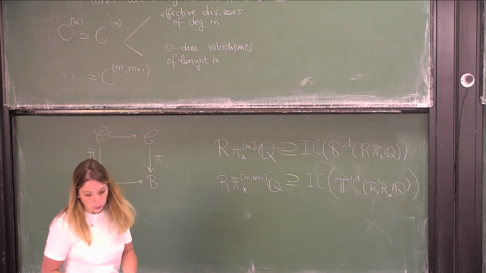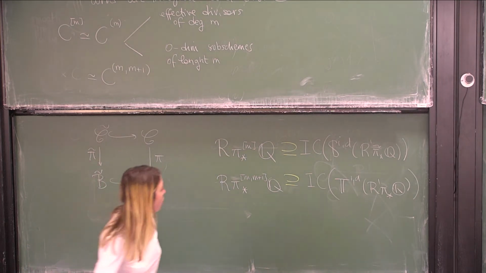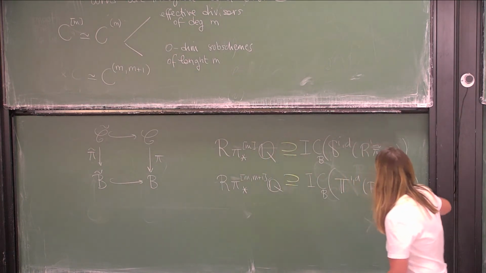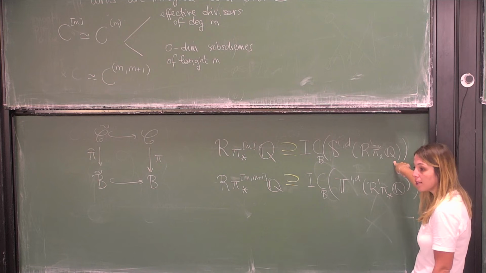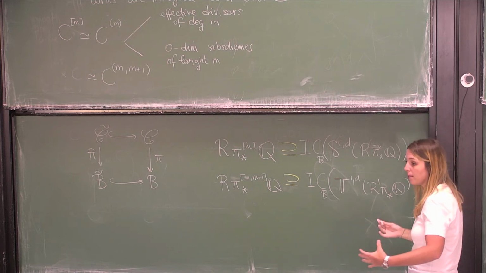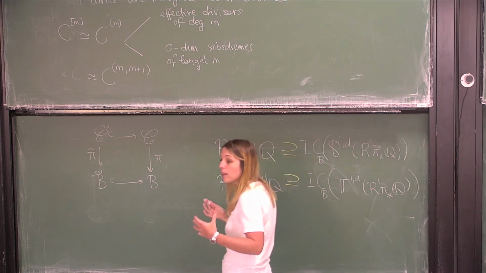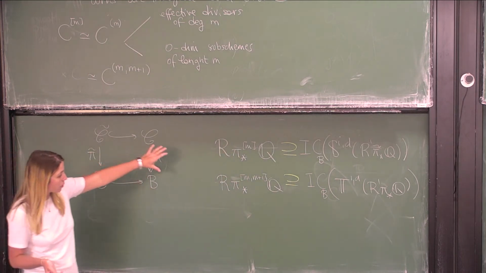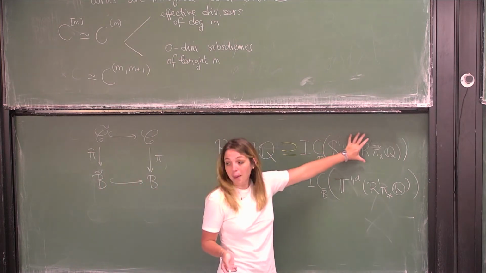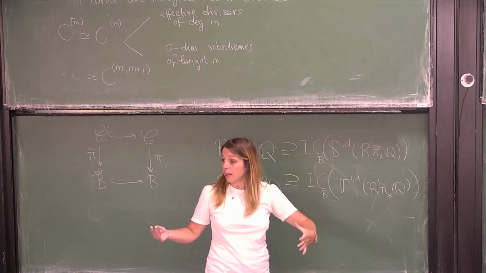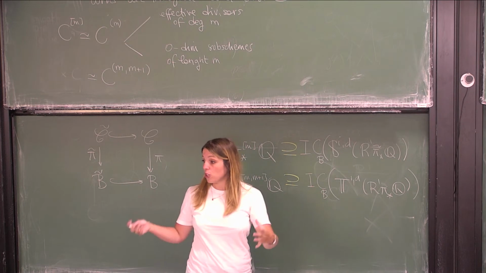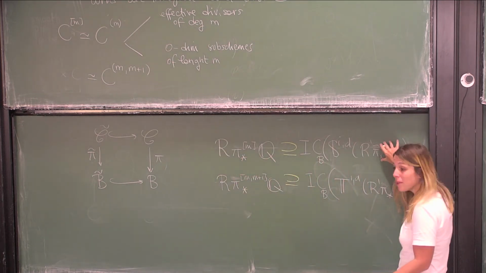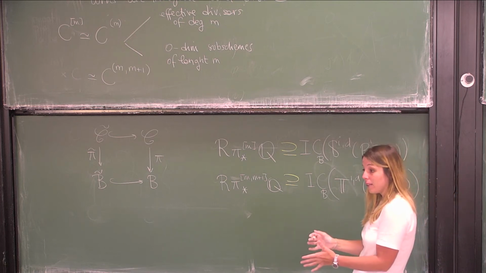So, for those who are not familiar with the intersection complex, let me just tell you this. The intersection complex, in a first approximation, can be thought of as a local system with singularities. For this particular example, you have a map, and a local system associated with this map, which is actually a local system on an open set, and you want to extend it.